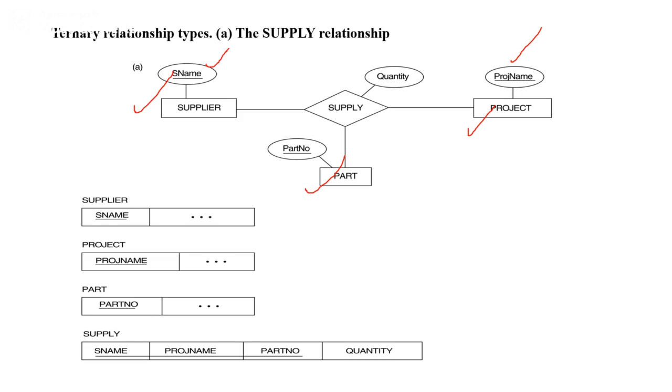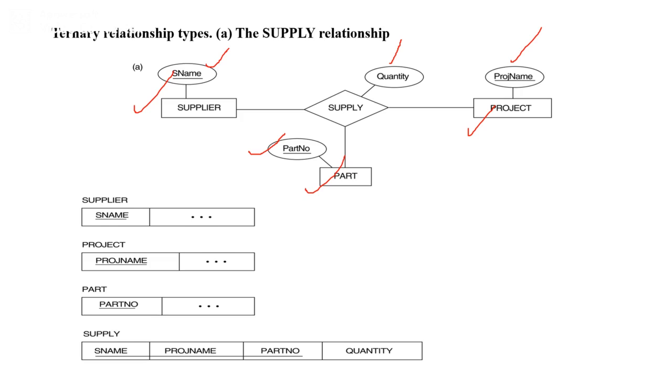Then part will also have a part number. To identify this ternary relationship type, we need to map this quantity attribute. To identify this quantity attribute, we require these 3 attribute values. The combination of these 3 attributes will identify the quantity attribute value.